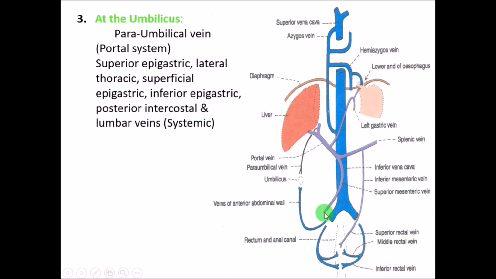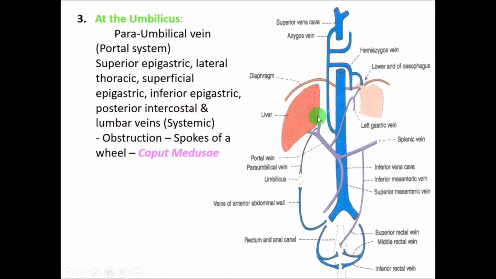All these are veins of the anterior abdominal wall, which finally drain into the inferior vena cava. So this becomes the systemic vein. The systemic veins communicate with the paraumbilical vein, which is part of the portal vein. This is the third site, near the umbilicus.